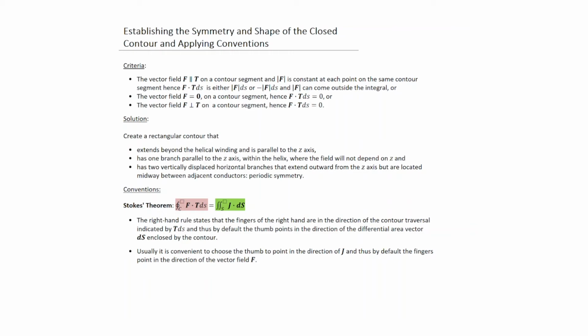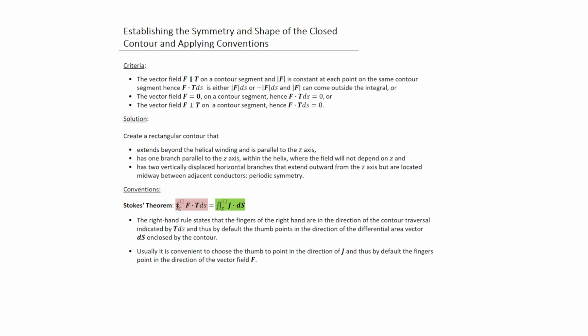Using these 3 conditions and a rectangular contour, we're able to solve the problem. So the conventions, again: applying Stokes' theorem, the closed contour integration of F dot T dS is equal to a flux calculation, that is, the surface integral of the current flux density with a surface area vector, where the surface is the one bounded by the contour.